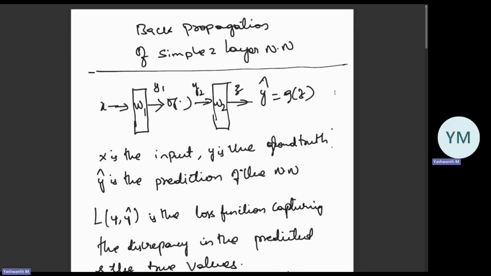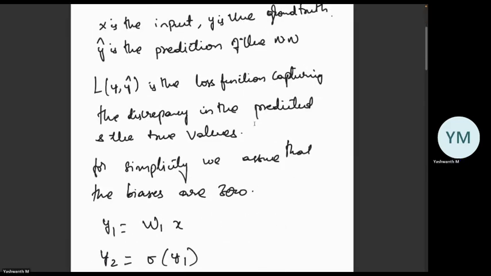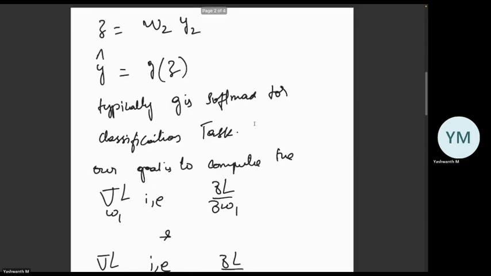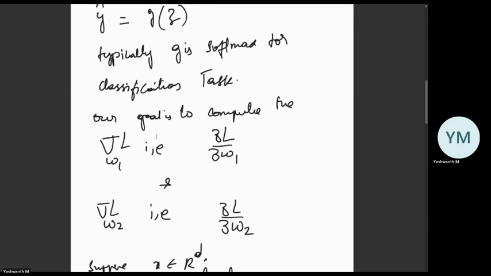So the gradient first has to come from the loss to Y hat, then go from Y hat to Z through G, and again from Z, the gradient has to pass on to W2. This is what we call the chain rule, which is given like this.